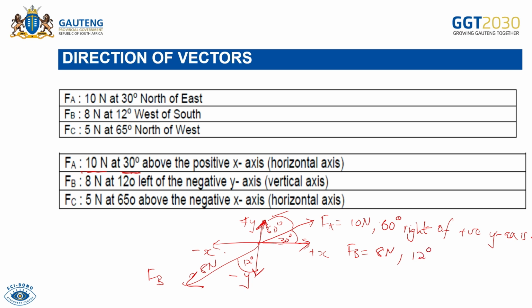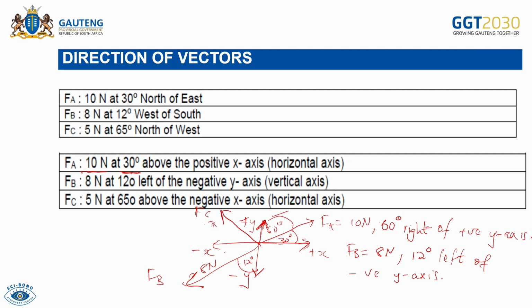Is this 12 degrees along the y-axis or the horizontal x-axis? It's along your vertical axis, which is your y-axis. So 12 degrees left of negative y-axis.